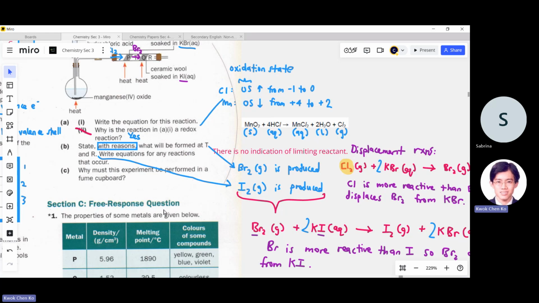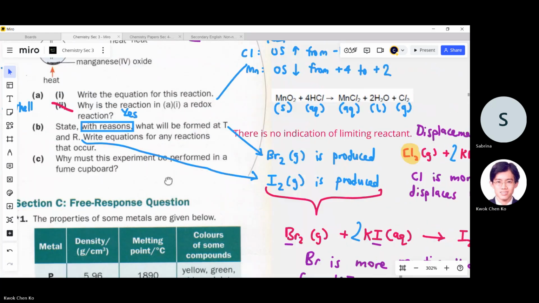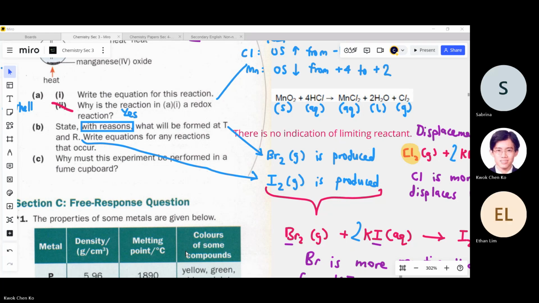Okay, lastly, maybe I just finish on part C. Why is this performed in the fume hood?